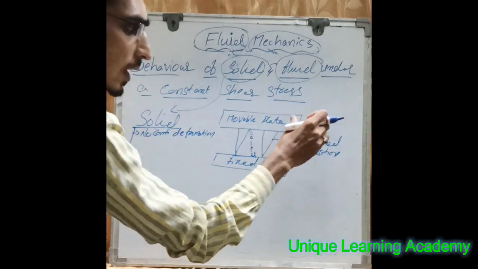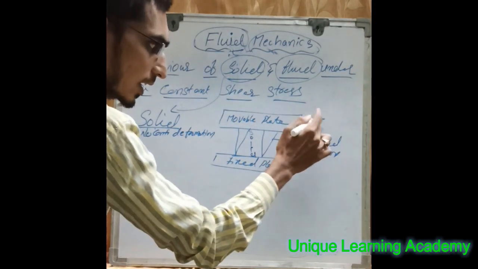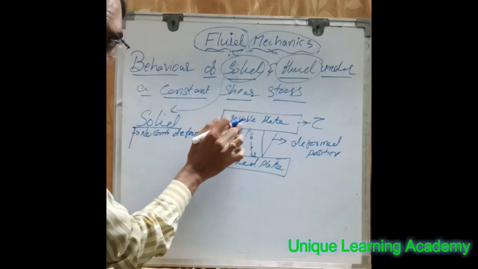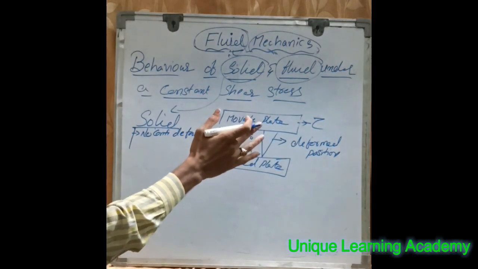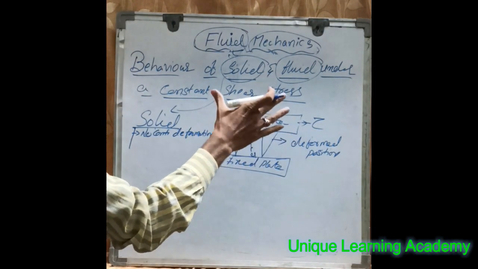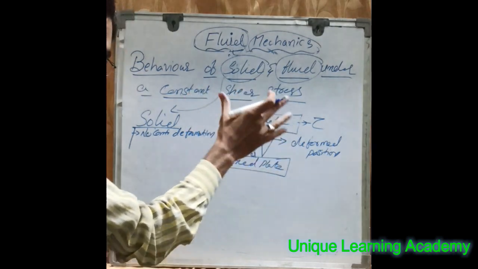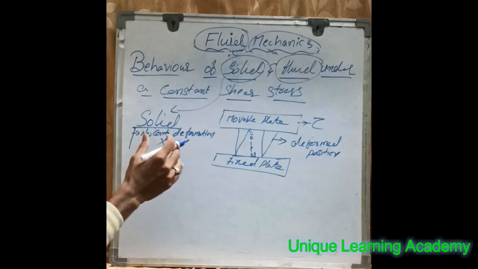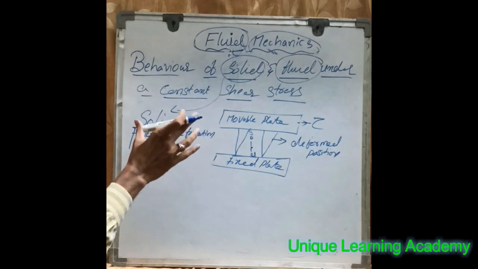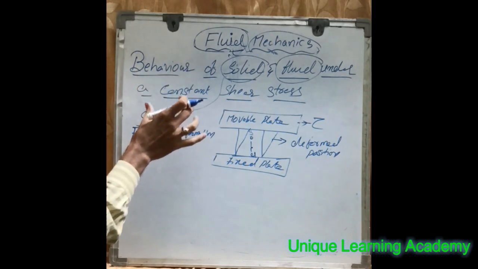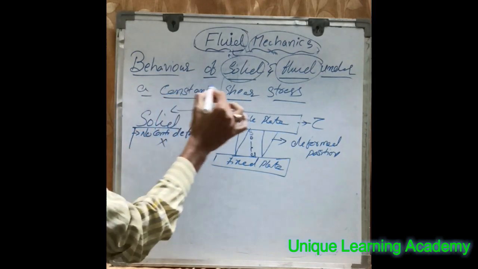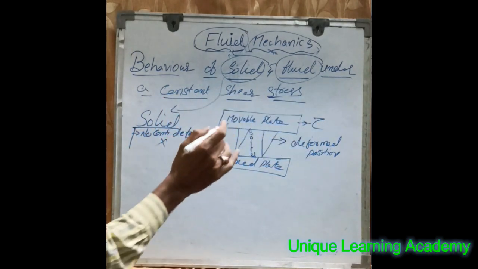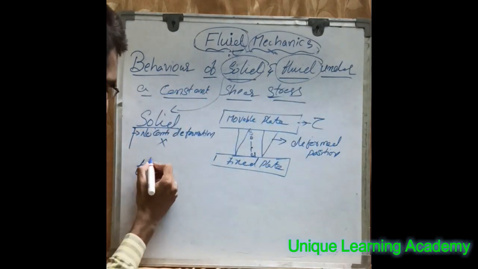After some time, if we release this stress, it again takes its original shape. It regains its original shape. These are the things you observe in the behavior of a solid at constant shear stress. Next, coming to the fluid.